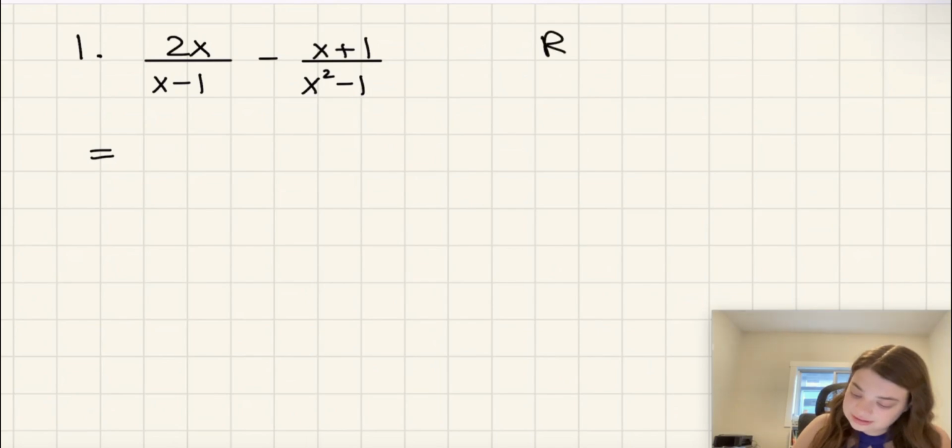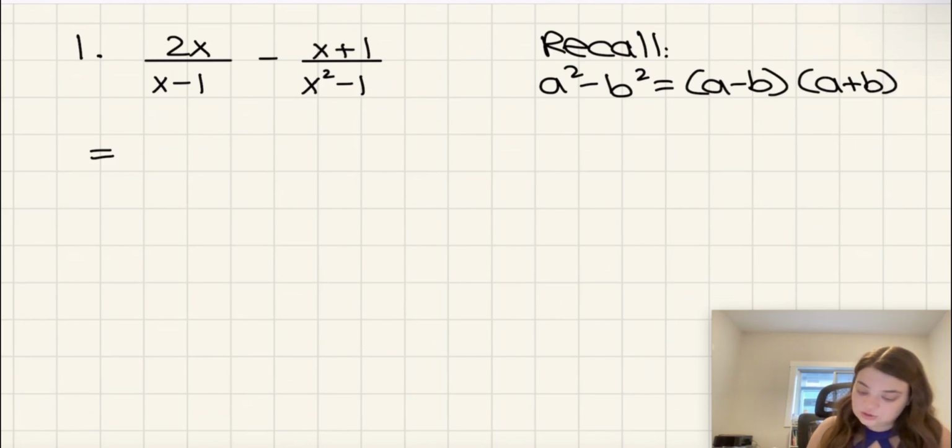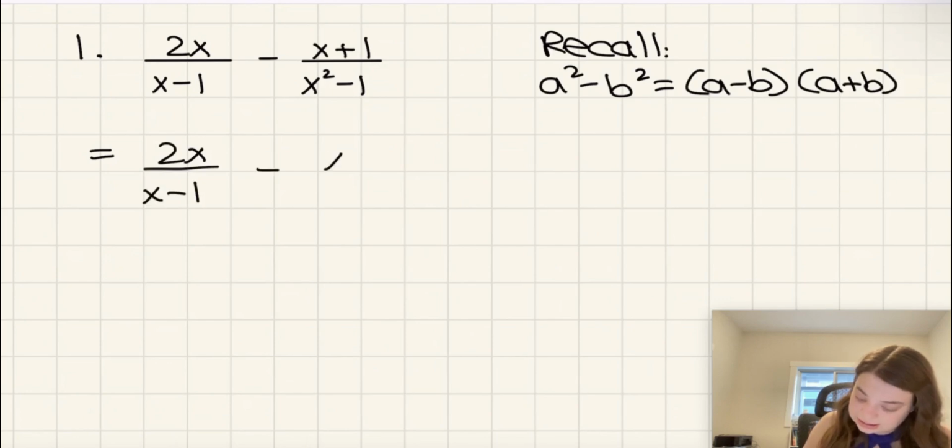Now recall that the difference of squares formula says that a squared minus b squared is equal to a minus b times a plus b, like that. So then we're going to have 2x over x minus 1 minus x plus 1 over x plus 1 times x minus 1.